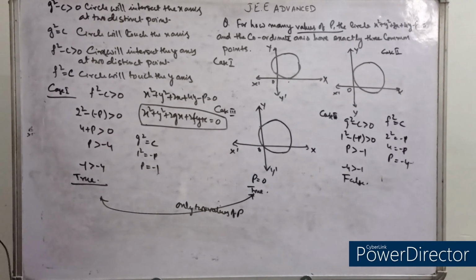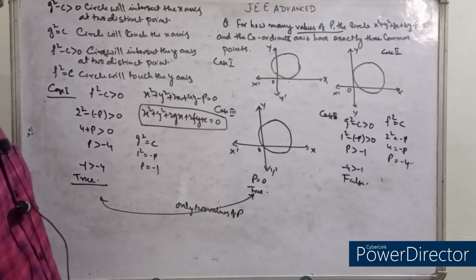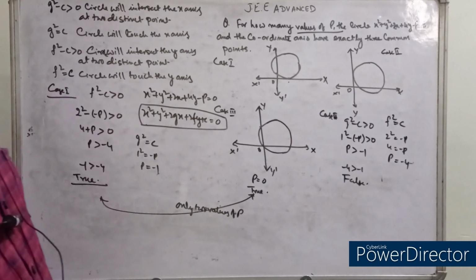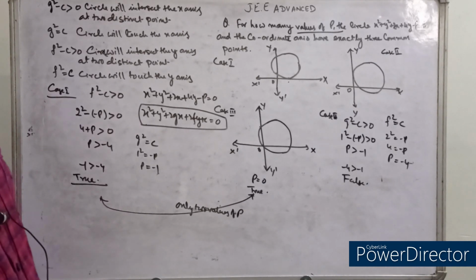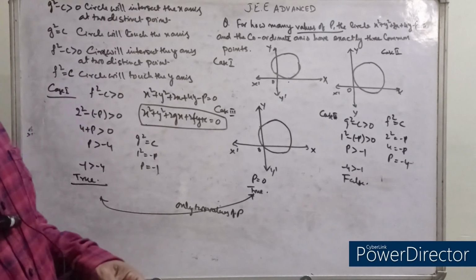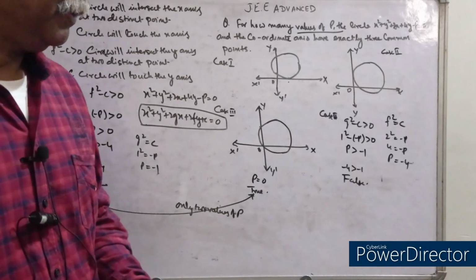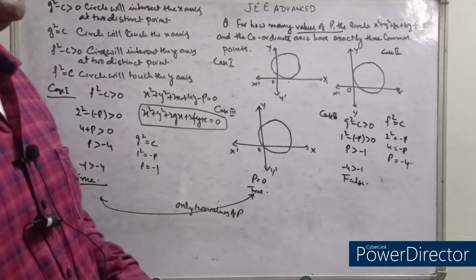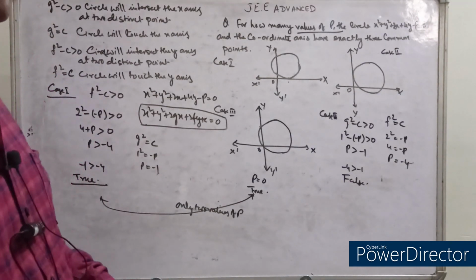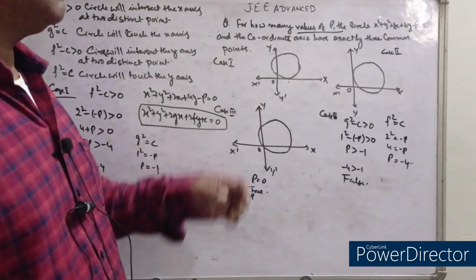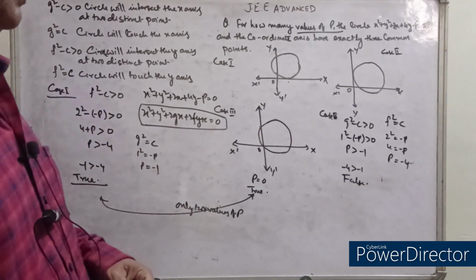So this is all about this question, and this is how we solve it. I have earlier told you the problem is that class 12 students are not acquainted with the general equation of a circle, so you find it a little bit difficult to solve such questions.